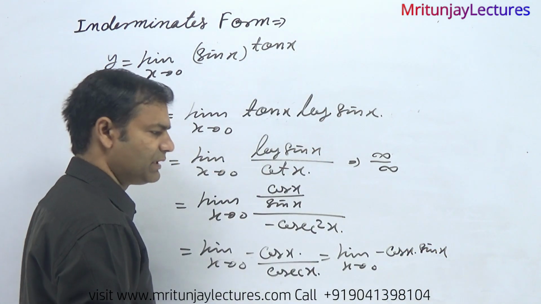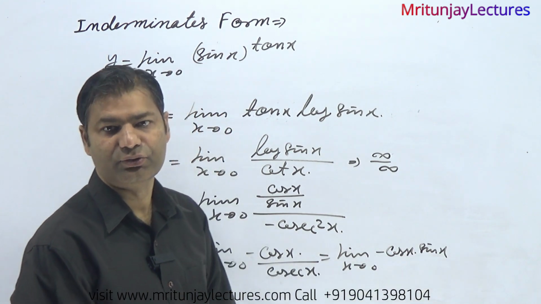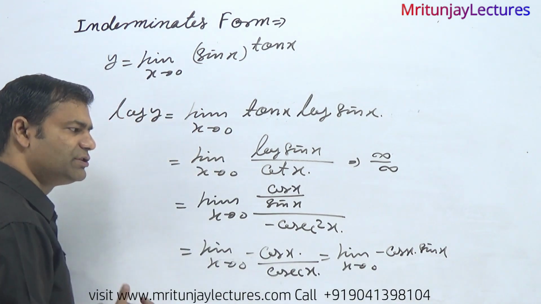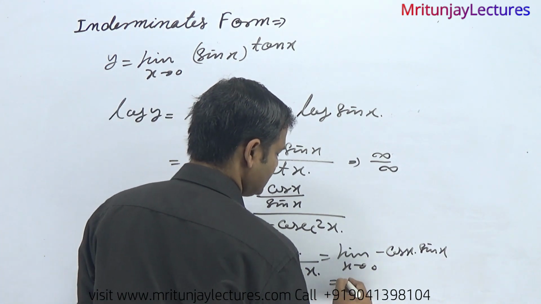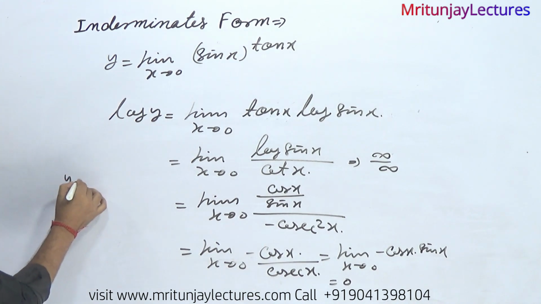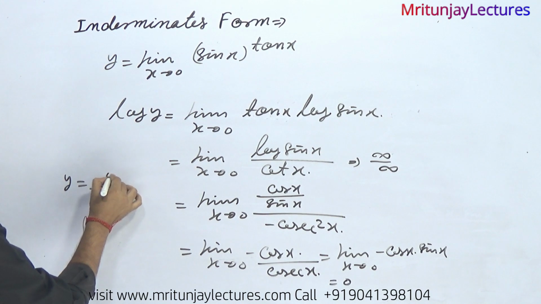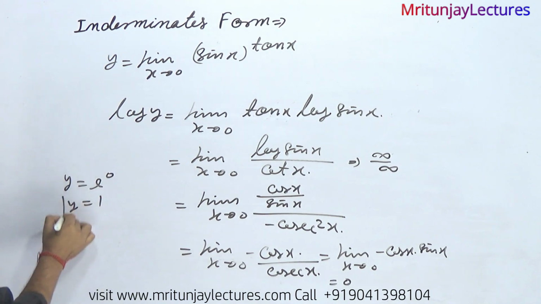If we put x equal to 0, cos 0 is 1 and sin 0 is 0, so we get 0. So y is e to power 0, and the final answer is 1. Make it.